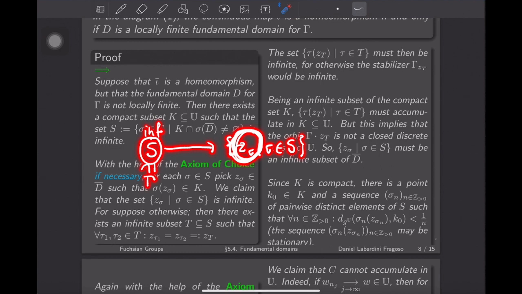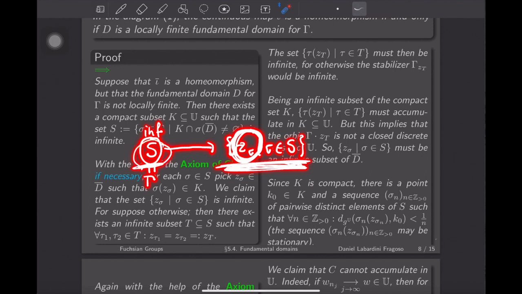I claim this set is infinite. Otherwise, if it were finite, I would have a function from an infinite set to a finite set. So there would be someone in this finite set whose preimage would be infinite, of course.